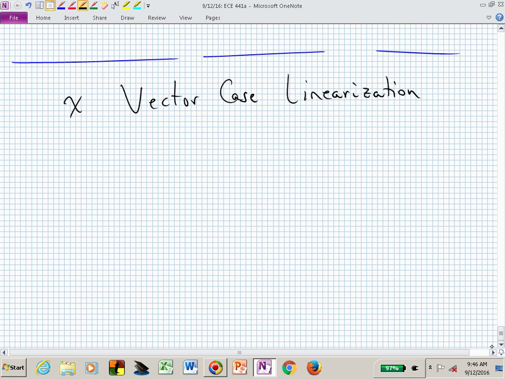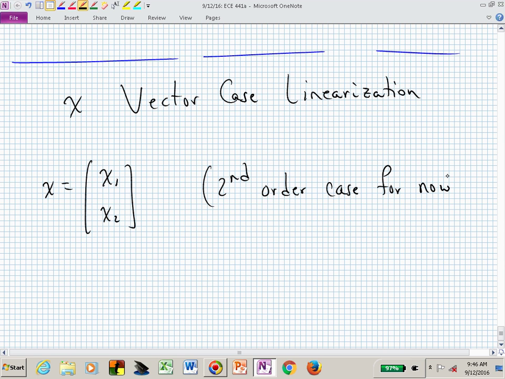And I had already hinted that maybe you might have a 6th order or 6-dimensional state on your exam. x1, x2, x3, x4, x5. You can do that on the exam. Today we'll just do 2. How's that? So what's this? This is a 2nd order case, for now.